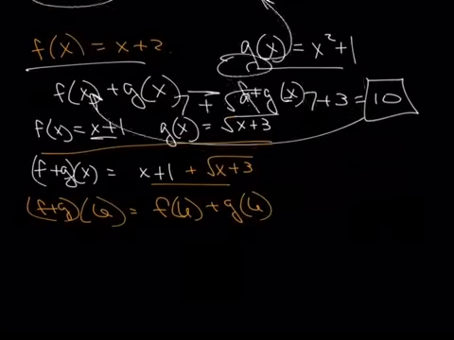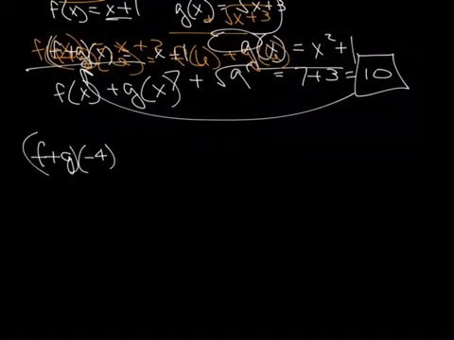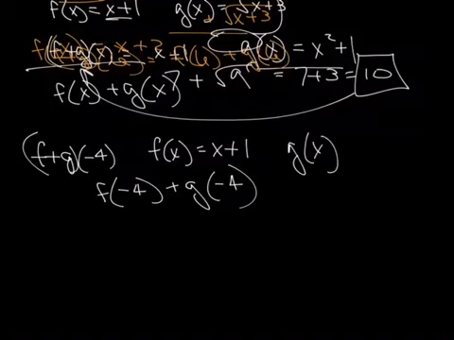Okay. Let's continue on here and look at C. C says f plus g of negative 4. So that means I'm going to take f of negative 4 plus g of negative 4, and f of x was x plus 1, so I'll rewrite it here, and g of x was square root of x plus 3.